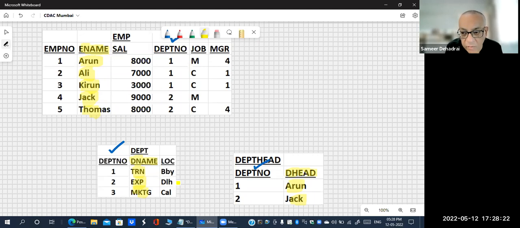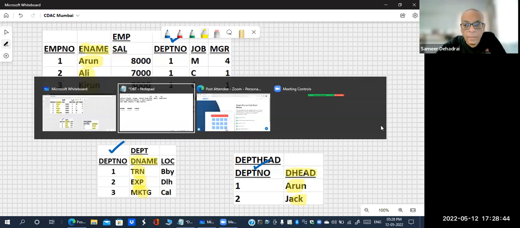So you must have lost that one point. So please rename this table, call it department head, please. No, never mind. I'll explain it.